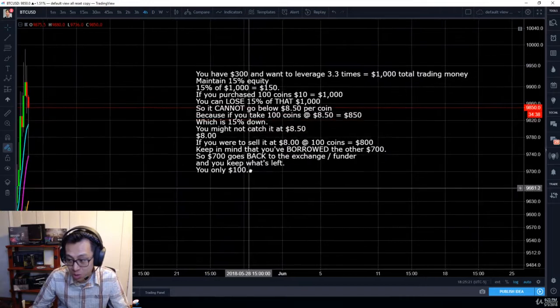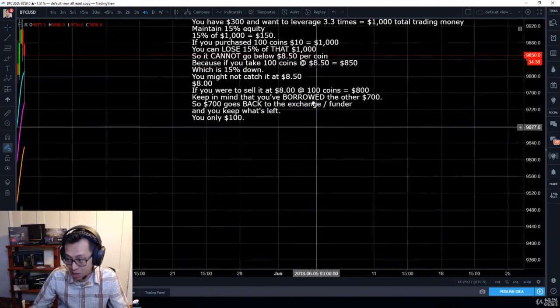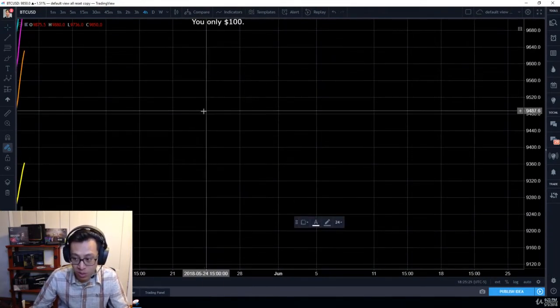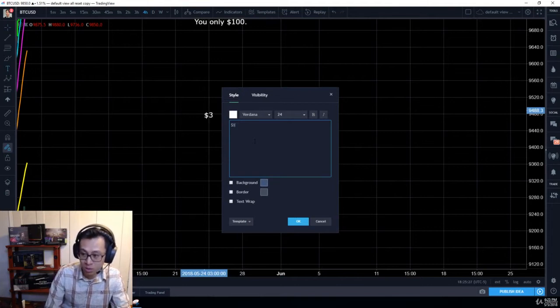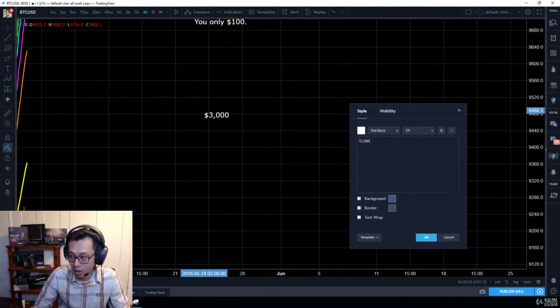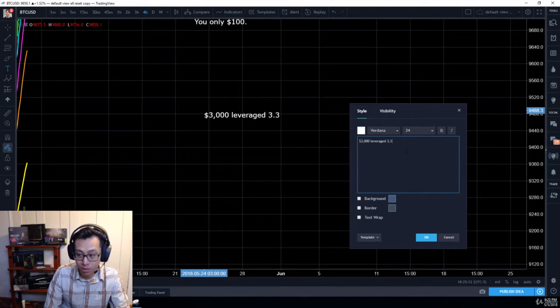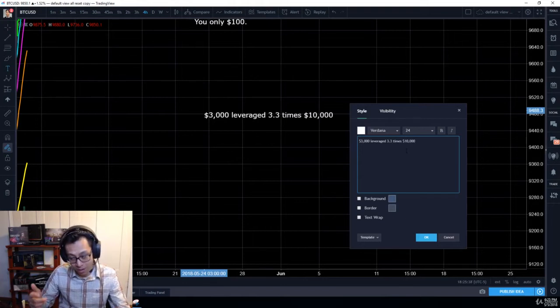So if you use bigger figures, think about this. If you're playing with $3,000 and leverage 3.3 times, which is scary, that's $10,000.